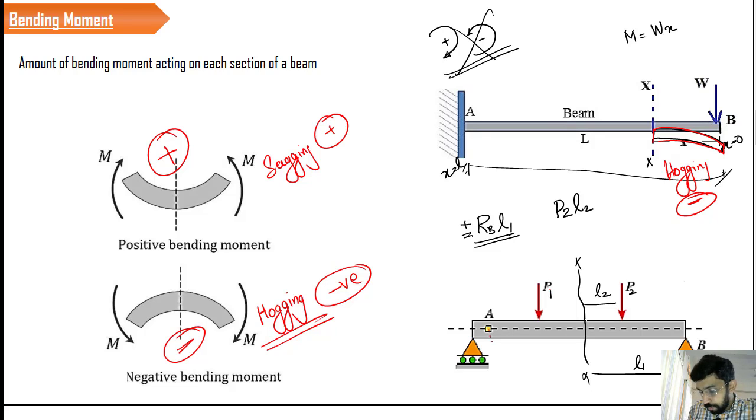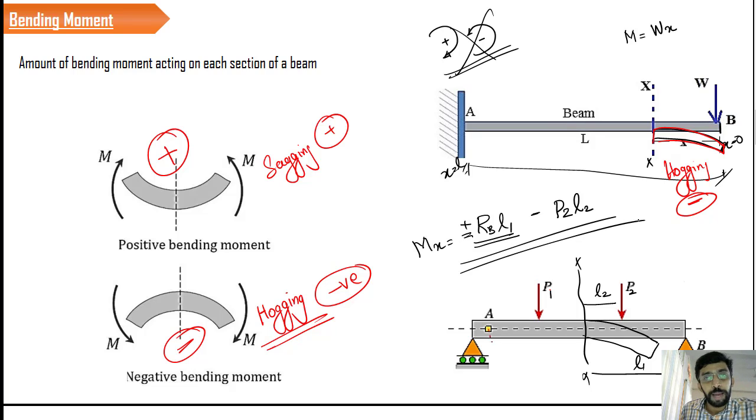It is going to bend the beam like this. So this is a hogging type, so this is negative. That means negative P2 into L2. So if you take the moment about X, the net moment is positive RB into L1 minus P2 into L2. Here we have not used the clockwise and anti-clockwise sign convention.